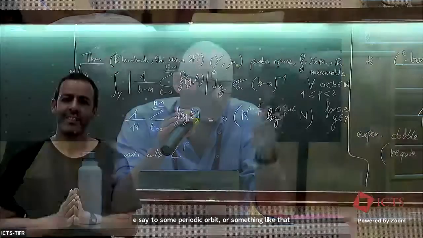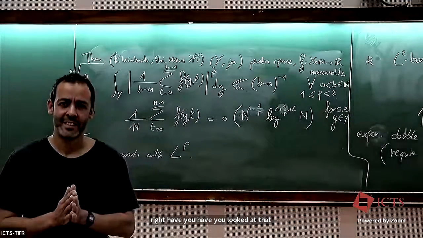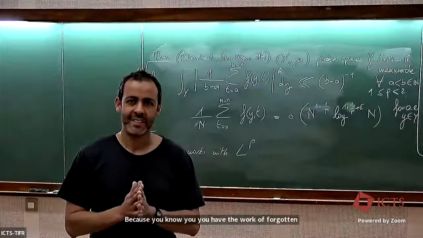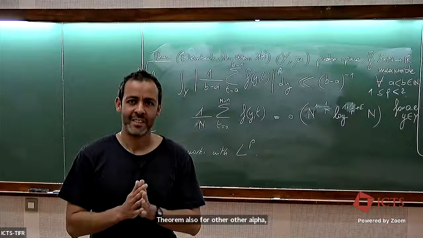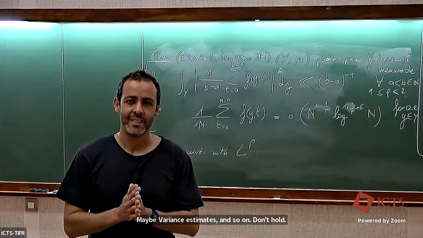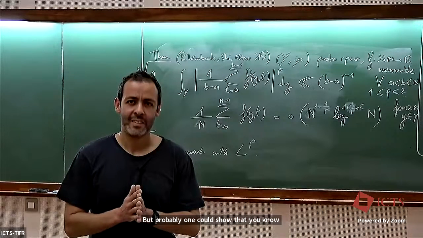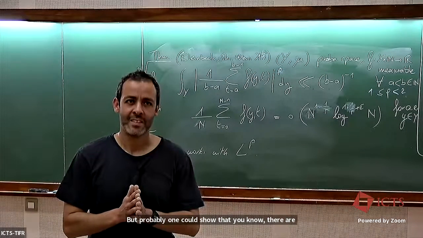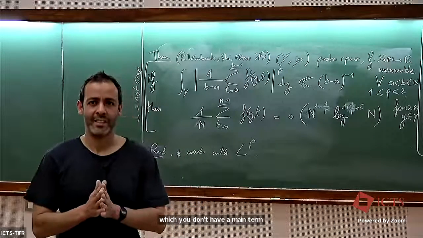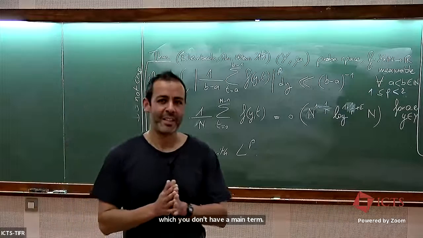No. Because you have the Birkhoff ergodic theorem also for other alpha. Maybe your variance estimates and so on don't hold, but probably one could show that there are certain alpha for which you don't get convergence, for which you don't have a main term in your asymptotics. I haven't looked at that.